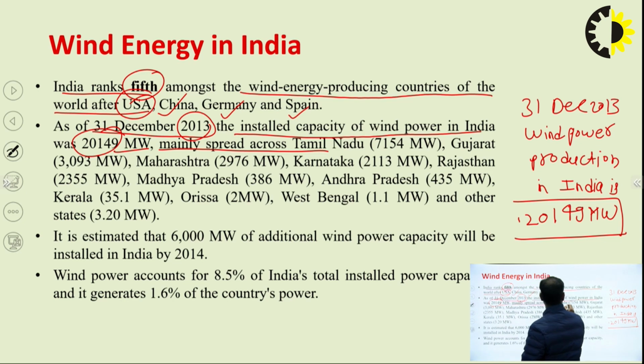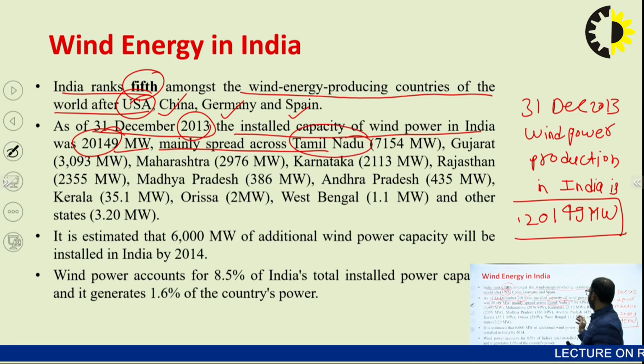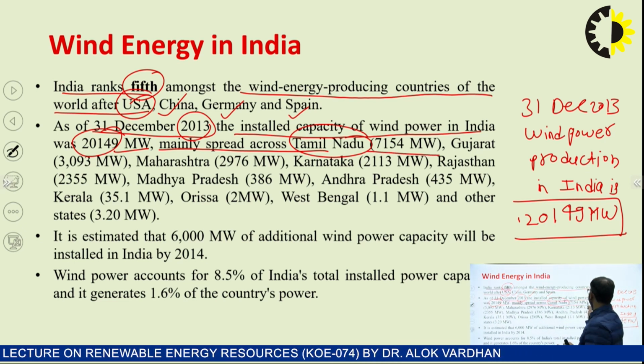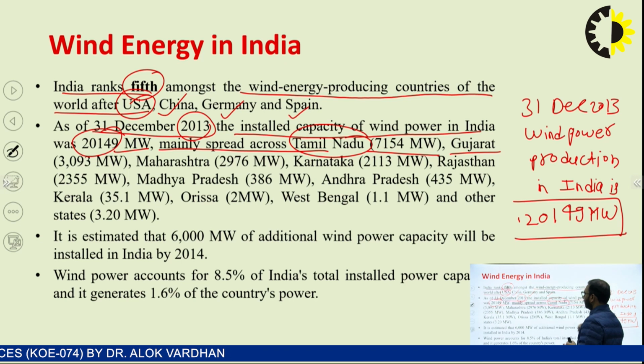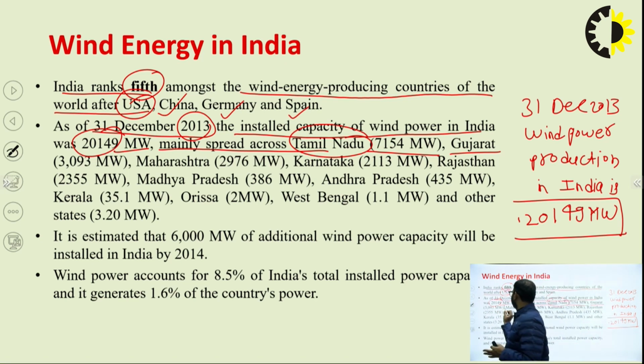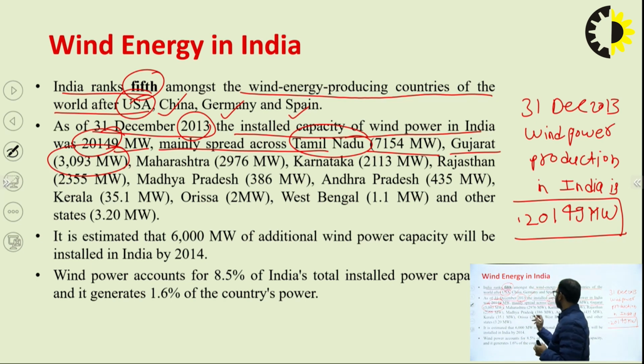spread across Tamil Nadu. Here production rate is 7,154 megawatt. Then Gujarat, here production is 3,093 megawatt. Then Maharashtra, 2,976 megawatt. Then Karnataka, 2,113 megawatt.